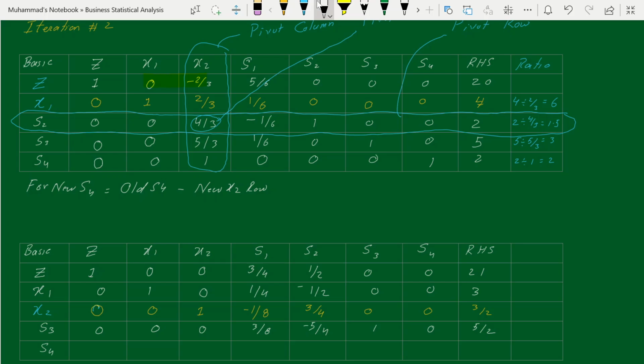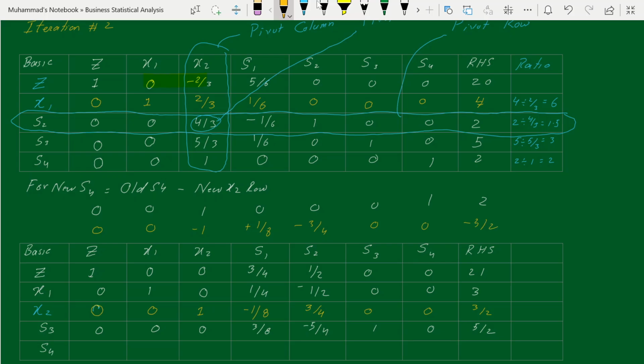First of all, I will write down this S4 row, which is 0, 0, 1, 0, 0, 0, 1, and 2. And now I will write down the new x2 row, which is 0, 0, minus 1 plus 1 by 8, minus 3 by 4, 0, 0, and minus 3 by 2.